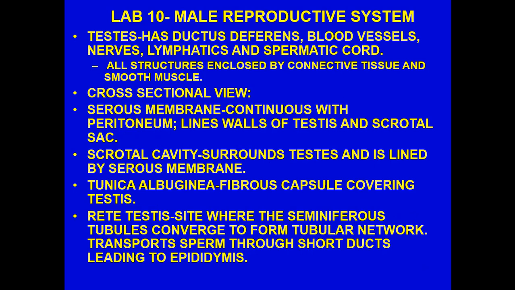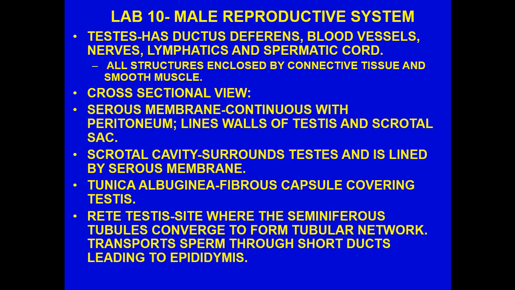Now, the testes has attached to it the ductus deferens, and what you have also are blood vessels, nerves, lymphatics, and a spermatic cord. All these structures are enclosed by a connective tissue sheath and also by some smooth muscle.